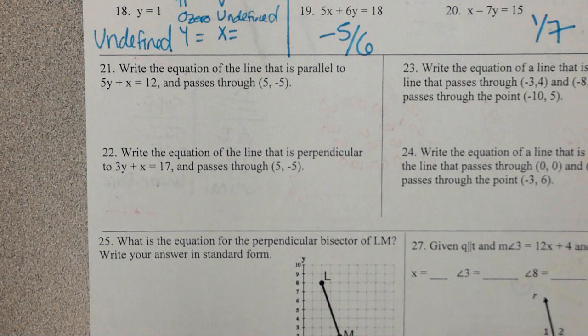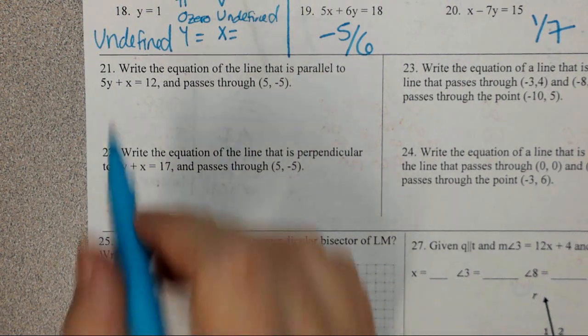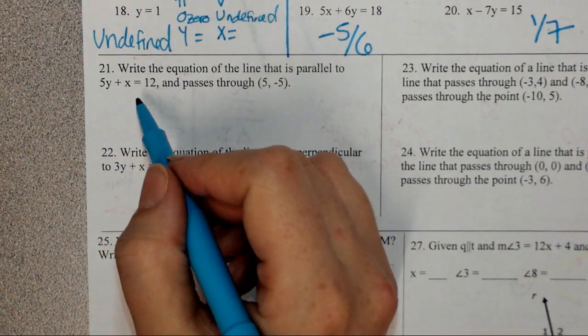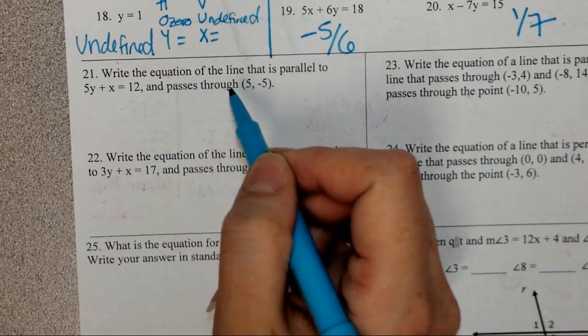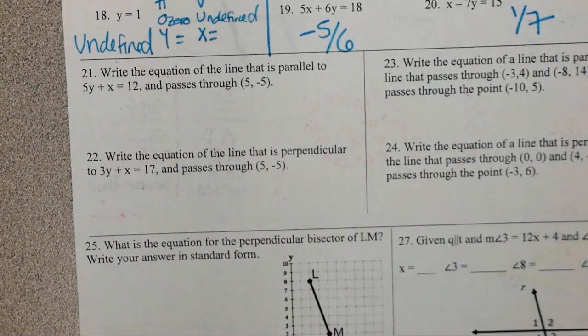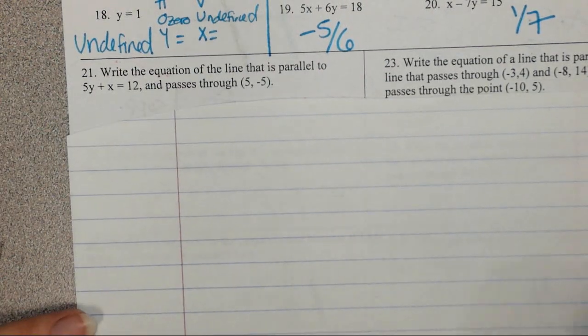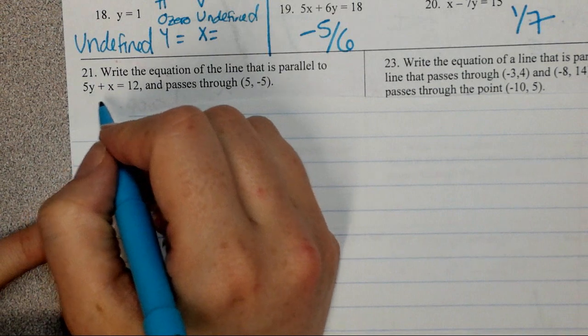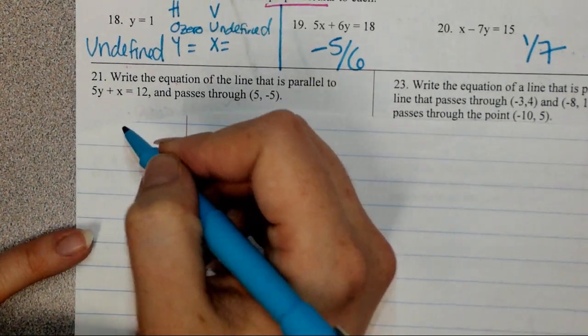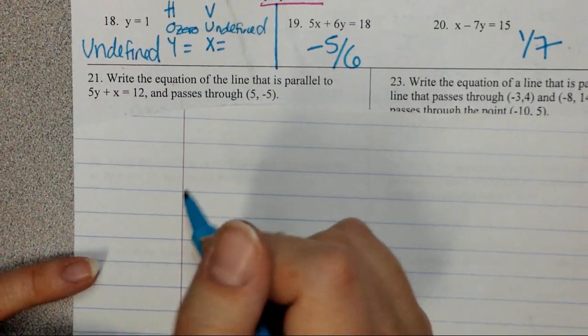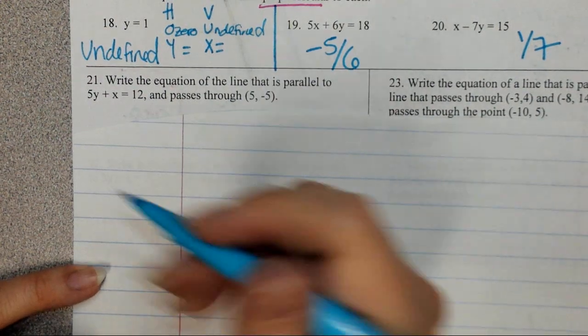Next it says to write the equation of the line that is parallel to 5y plus x equals 12 and passes through the point (5, 5). Okay, so this is going to be kind of a two-step process. We first need to convert this to y equals to figure out what our slope is, and then we need to get our equation.